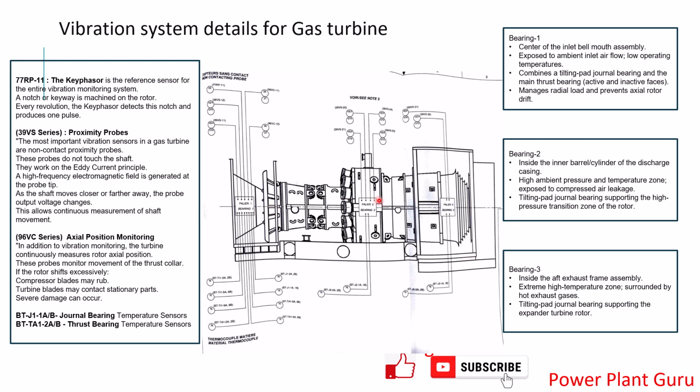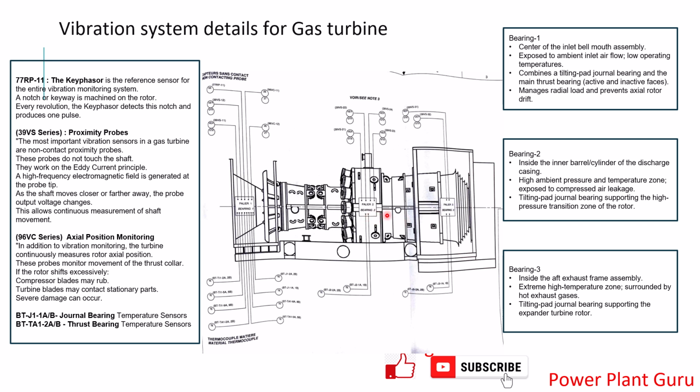And similarly here, the second VS series would be there on your second bearing and the third bearing. Then there is some extra on 96 series, which is for axial position monitoring. On these two, bearing 2 and bearing 3, you don't have the thrust bearings.